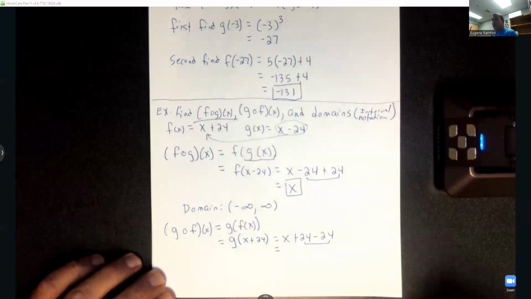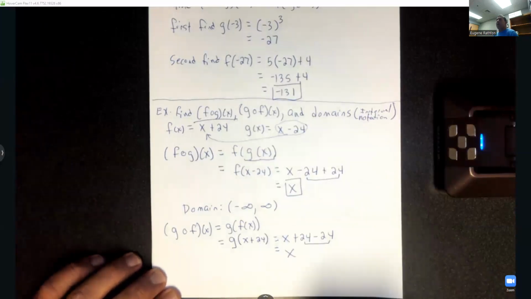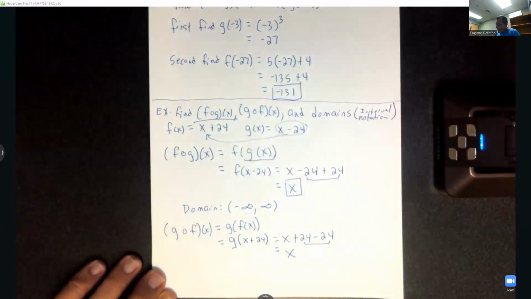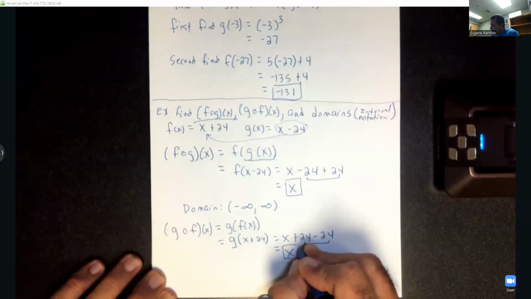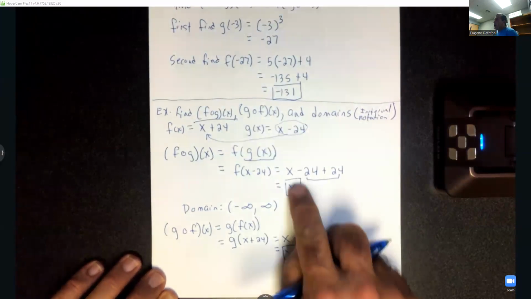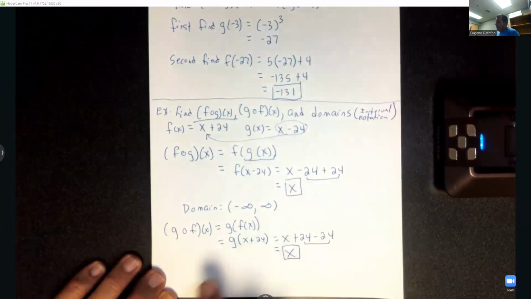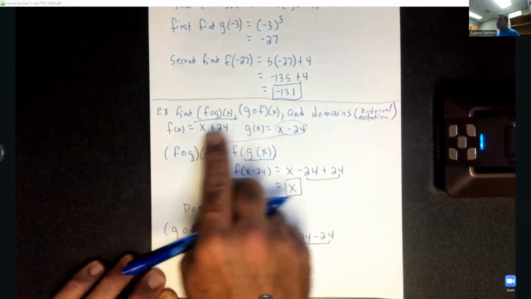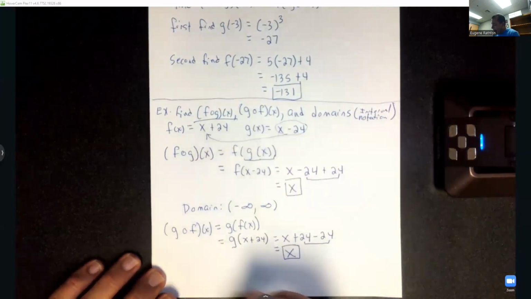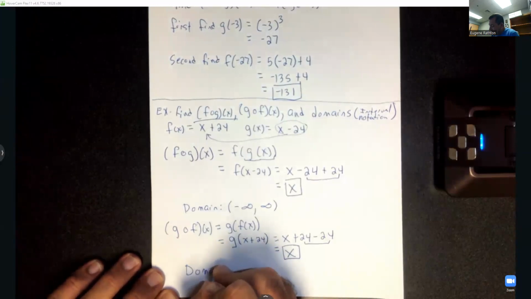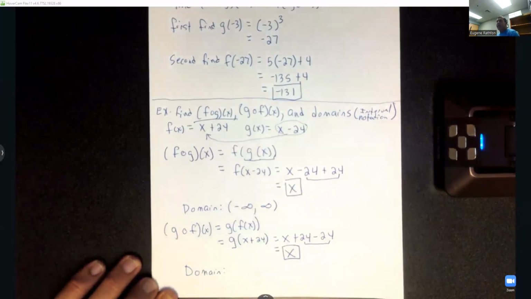Yeah, so once again, those are going to cancel, and all we get is our x. So that would be the final answer. Now, they're not all going to match like this, but this one did because it was adding 24 to this one and subtracting 24 from that one. All right, domain.